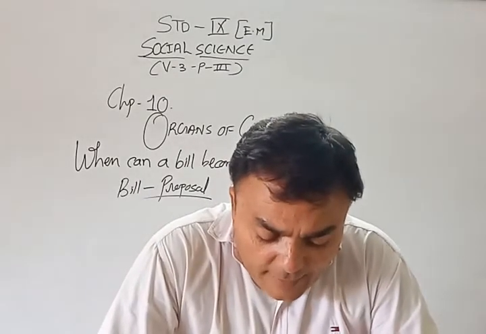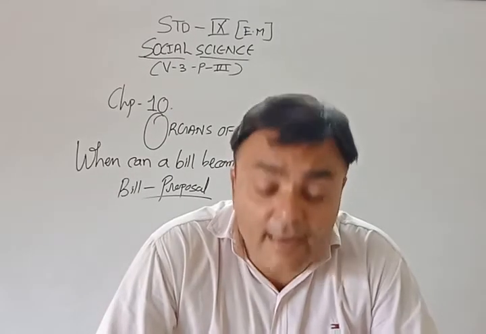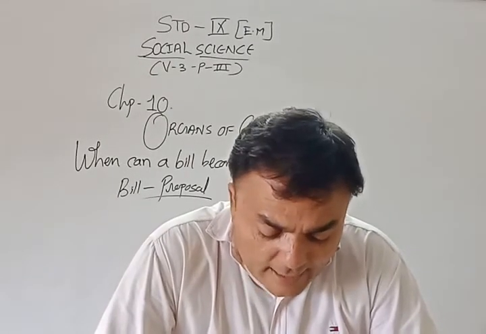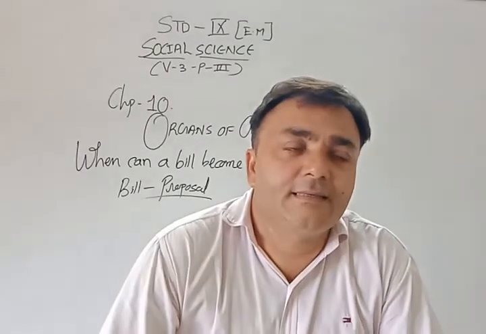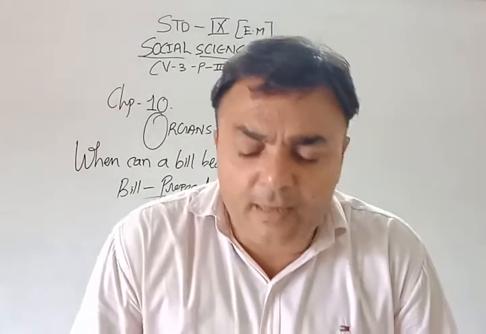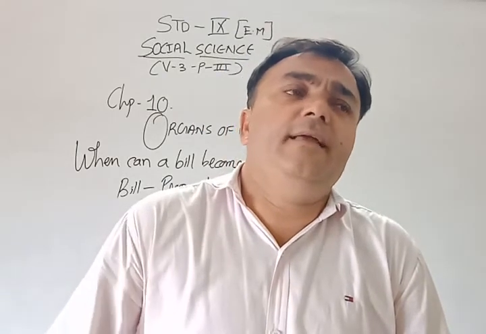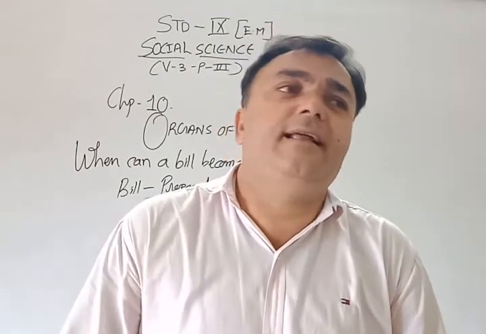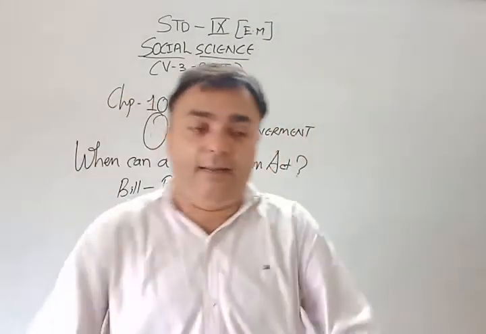Any bill, either an ordinary bill, money bill or a bill to amend the constitution, can become an act by passing through the following process. For example, we have some laws and regulations that nobody from Pakistan or any other country can come directly.